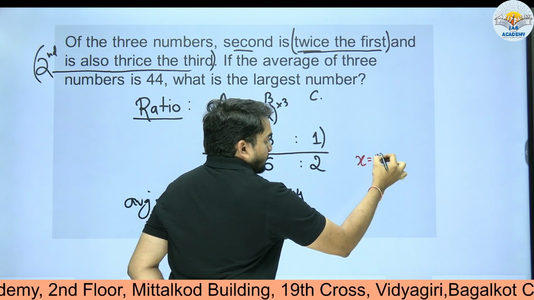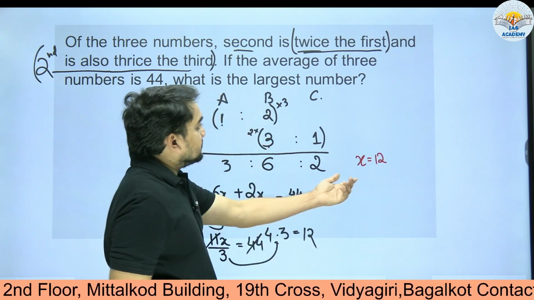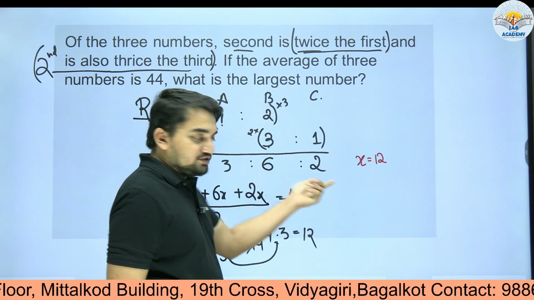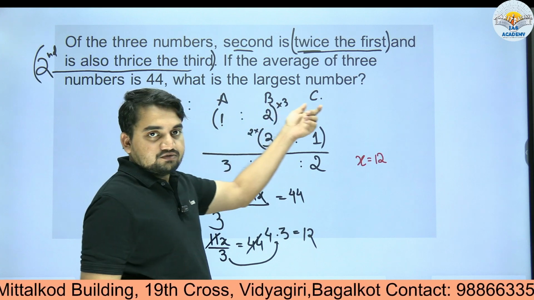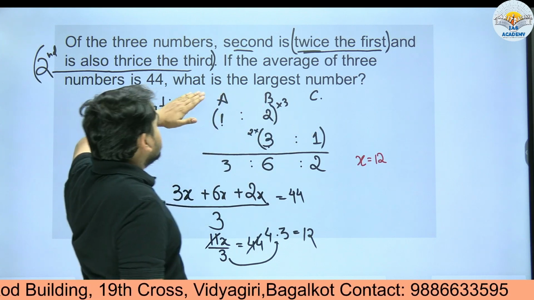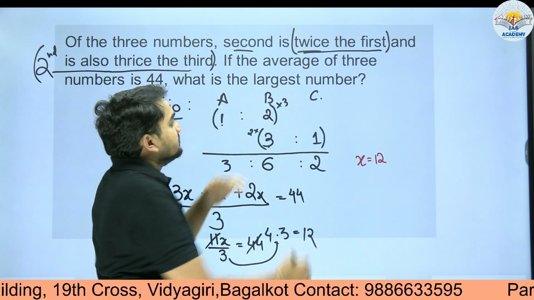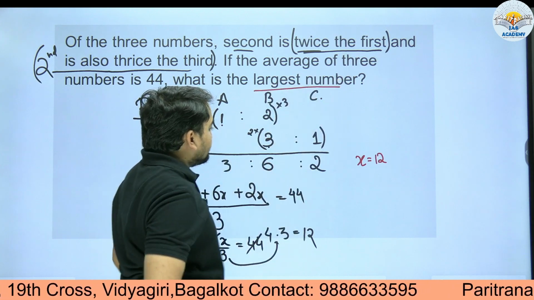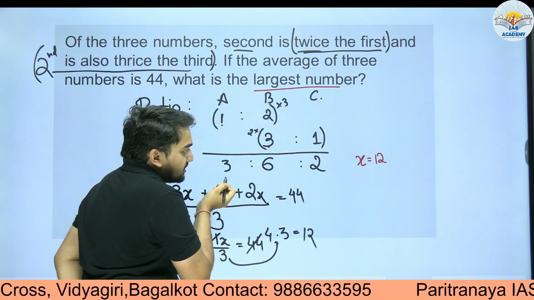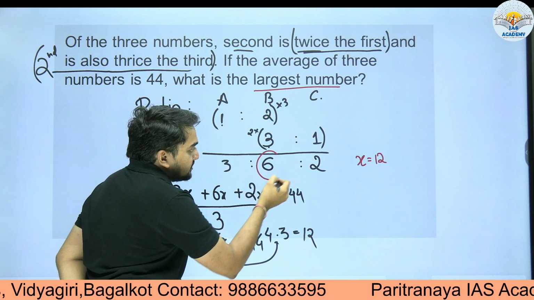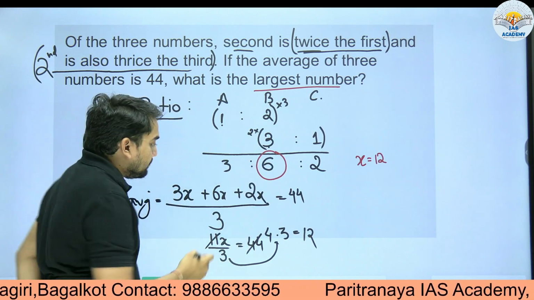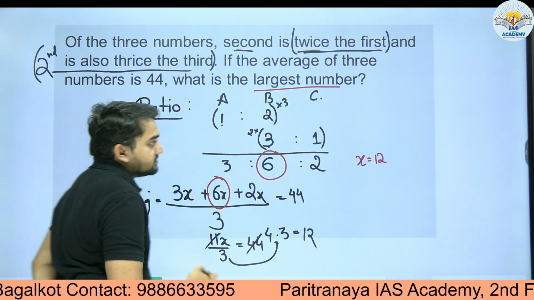The question did not ask just for the ratios or the actual numbers. Instead they asked what is the largest number. From the ratio itself you can understand that 6 will be the largest, so the actual number is 6x.